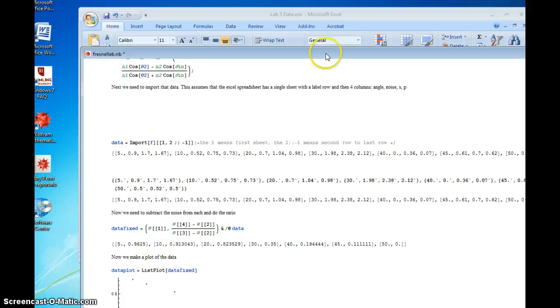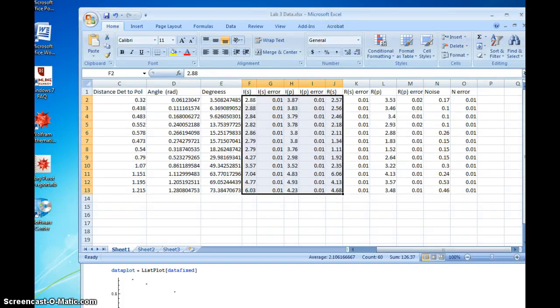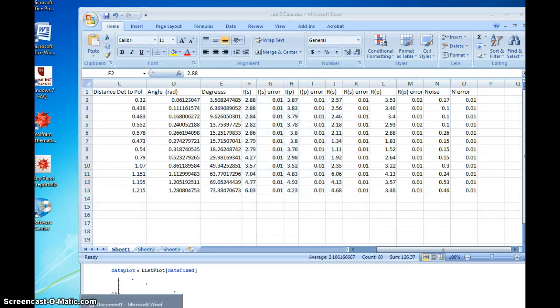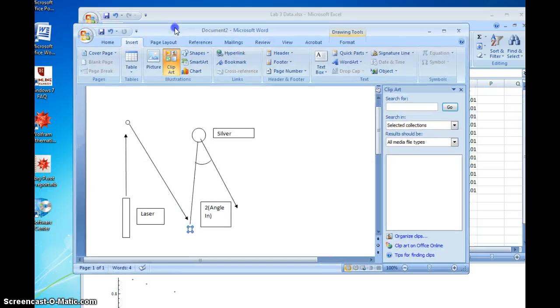So, to go into this apparatus as I'm trying to wrap this up, right here we measured the incoming light.